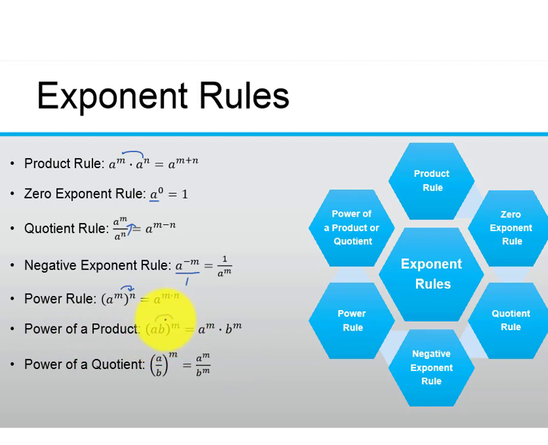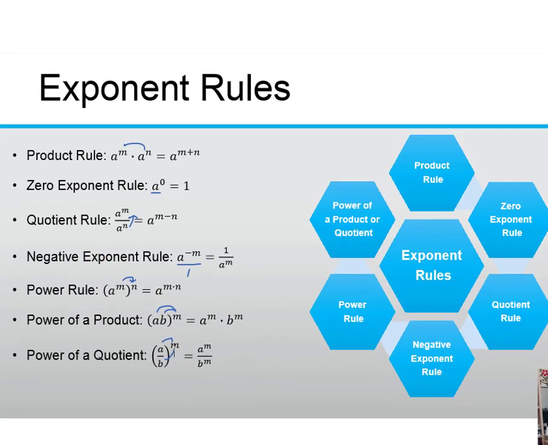So make sure that each base that's in the quantity is raised to the power. And finally, power of a quotient simply means we're starting with a fraction raised to a power. So both the base in the numerator and the base in the denominator will be raised to that power. So let's try some example problems to practice using our exponent rules.